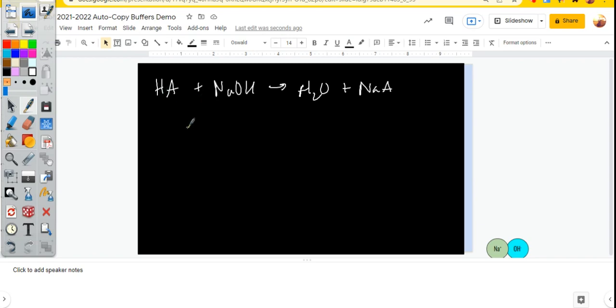Remember that in a net ionic equation, we remove the spectators. And because this is a weak acid, it's going to stay together. The strong base will be separated, and you'll form water and your aqueous salt, which is really individual sodium ions and A minus ions, which are the conjugate base of your weak acid.